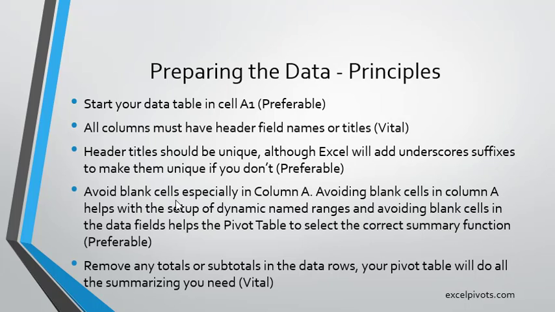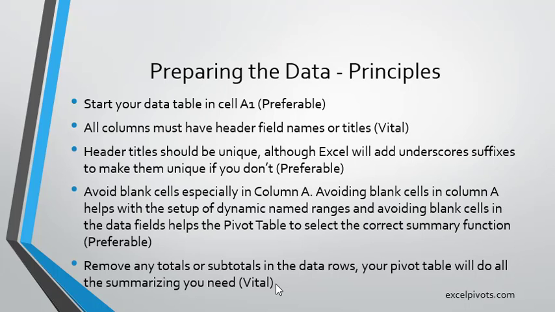You want to avoid blank cells, especially in column A, but I just have never done one with a blank cell everywhere. So it's easier if you just avoid them altogether. And then you don't want any subtotals or anything within your data. The pivot table will create all kinds of subtotals for you and totals, and so you don't want those in the raw data.